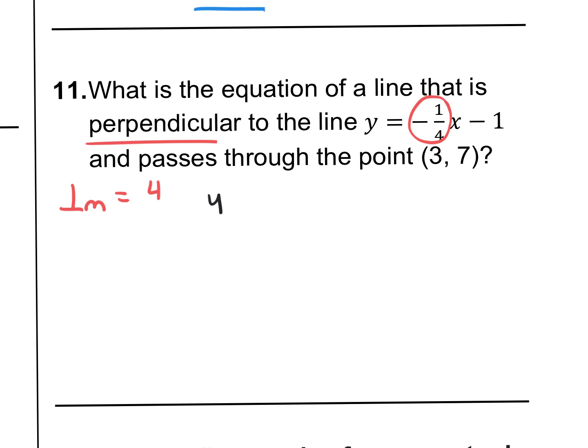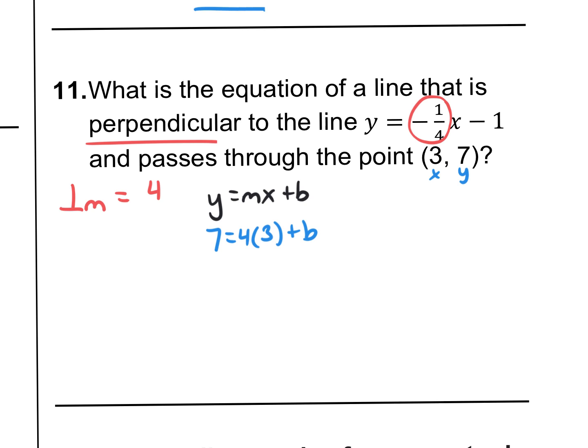Again, use y equals mx plus b. Where do I get x and y from? The coordinate. I have so much written up there, it's not showing up. There we go. X and y. So what is my y value? 7, m, 4, x 3, and then plus b.